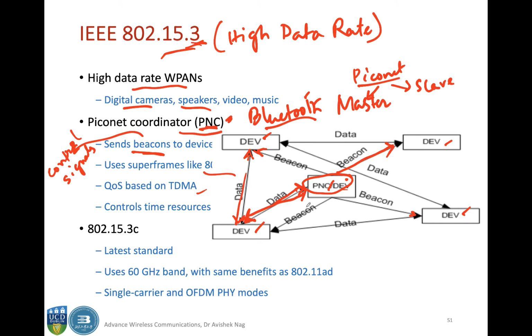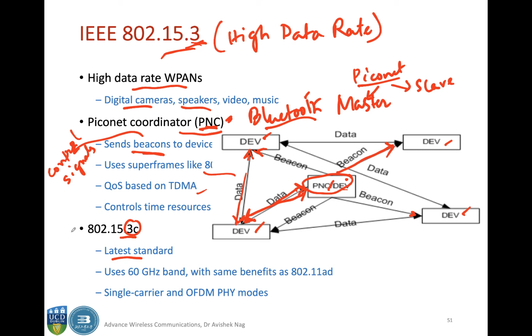So this is your 802.15.3. The latest standard is 802.15.3c, but when this slide was made a few years back, at that time this was the latest standard.